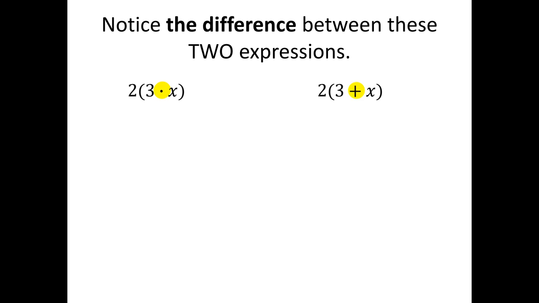This first problem does not use the distributive property because it's got a dot multiply, which means I'm going to take the 2 times the 3, which is going to give me 6, and then I put the x right behind it. I'm not putting a plus between the 6 and the x. This is not a plus to put in.